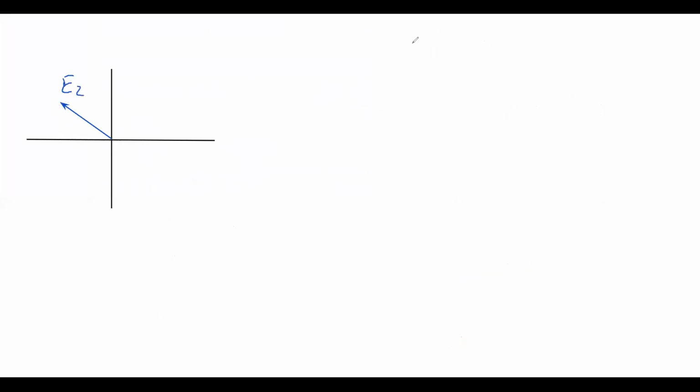And then I have, what was the other one? E1 was in green. So E1 was going this way. And then I think E2 was in red. Or no, that was E3. Yeah, E3 was in red. All right, so E3.